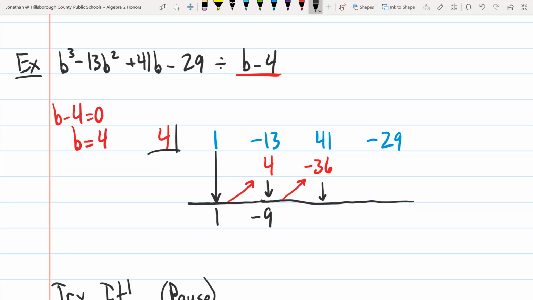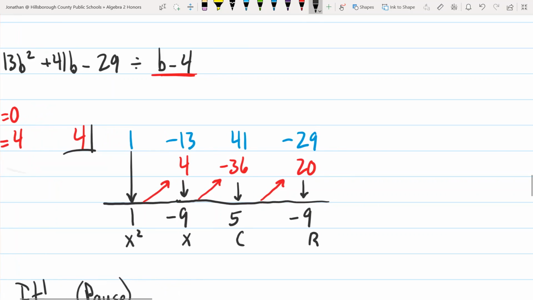Add that down, negative 36 and 41 leaves us with 5. Multiply by the number in the box again, 5 times 4 is 20. Add that down and we get negative 9. So remainder, constant, the number without a variable, b squared.